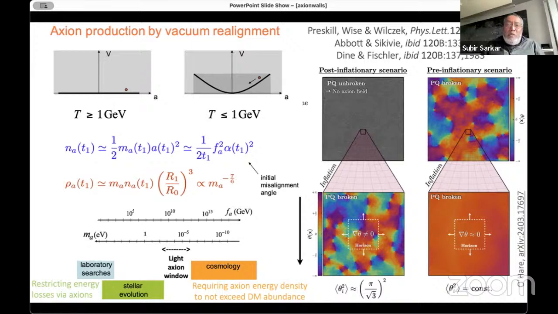But if Peccei-Quinn symmetry breaks after inflation, then it breaks differently at different points in space-time, which are outside each other's causal horizon at the time, and later come within the common particle horizon. And at that point, topological defects can form in the field. So the problem that I'll discuss is entirely restricted to the post-inflationary scenario. It is not a problem for the pre-inflationary scenario. I want to make that very clear.